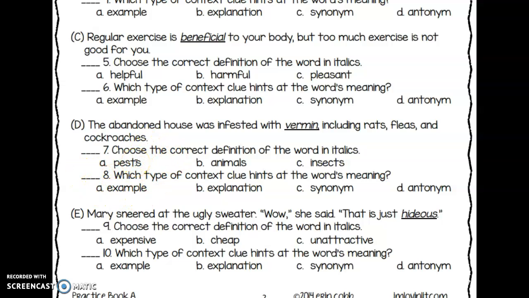Now we're going to plug in our answer choice to make sure that it makes sense. The abandoned house was infested with pests, including rats, fleas, and cockroaches. If you're not sure, pests are rats, fleas, and cockroaches. They're things that infect a house. So our answer here would be A.